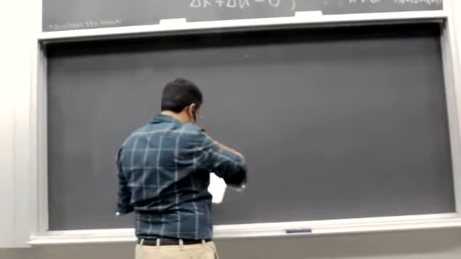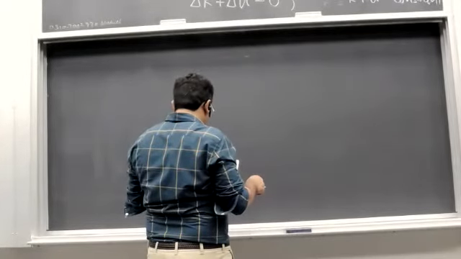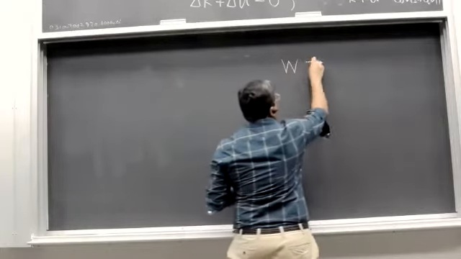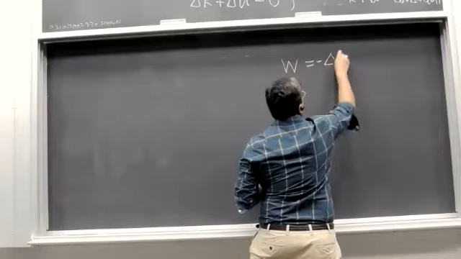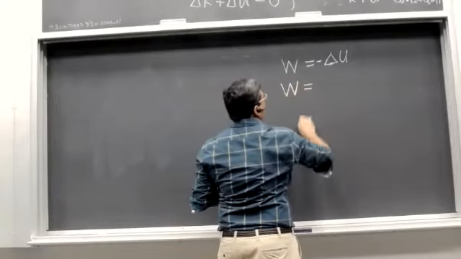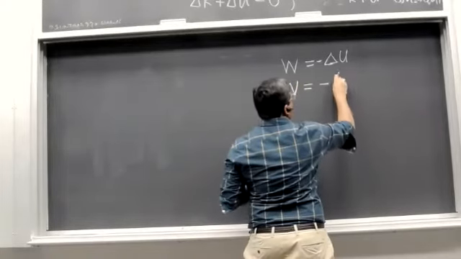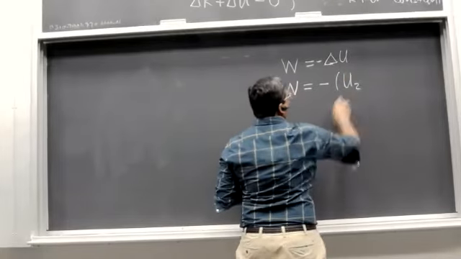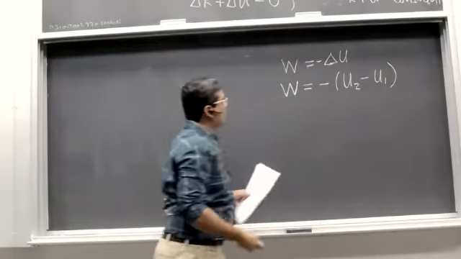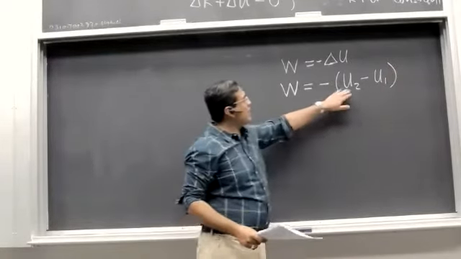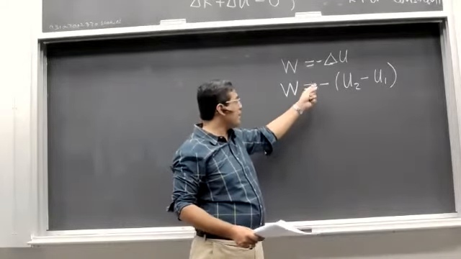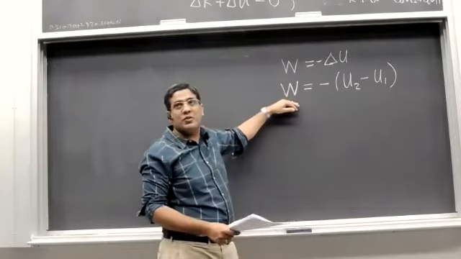Since we said that the work is equal to the negative change in the potential energy, let's say that the final energy U2 minus U1, the negative of their difference, is equal to the work done.